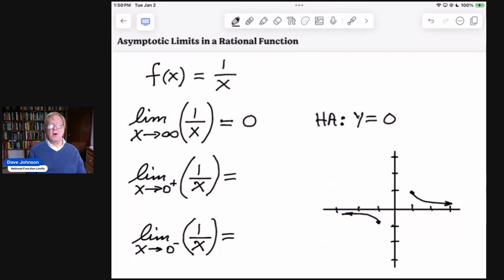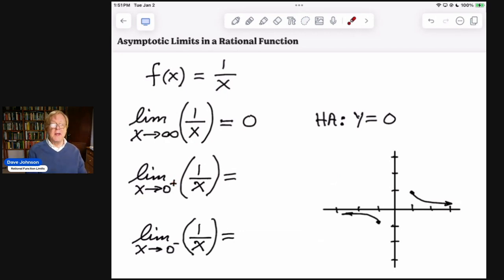Okay, so the vertical asymptote, that gives some students difficulty sometimes. If x is approaching 0, now you remember, if x is equal to 0, then 1 over 0 is undefined, and the function cannot exist at that point. But if x is approaching 0, and let's suppose that it's approaching from the right. So, and notice I've written x approaches 0 plus, so that means approaching 0 from the right.